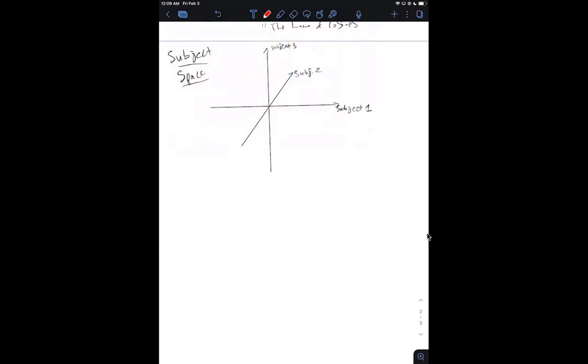But fundamentally, vectors are also lists of numbers that can be thought of as the coordinates in n-dimensional space. And if that scares you a little bit, just think about it as 2-dimensional space, or in this case, 3-dimensional space.